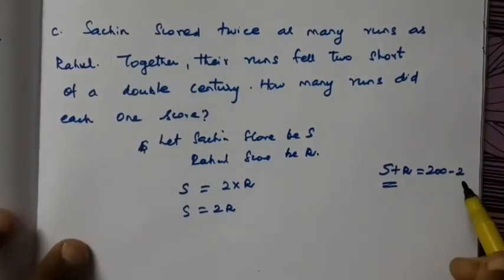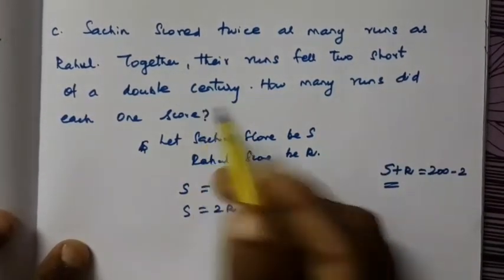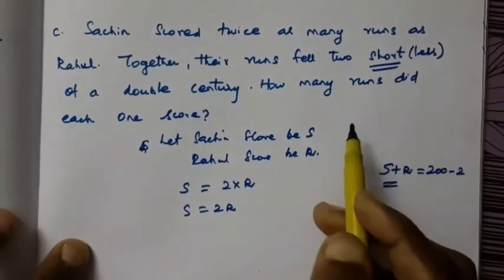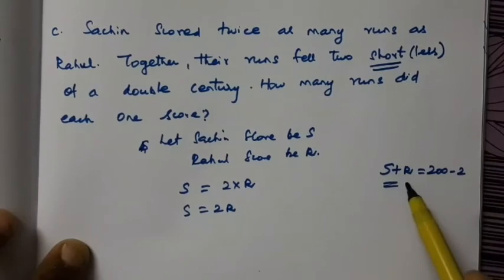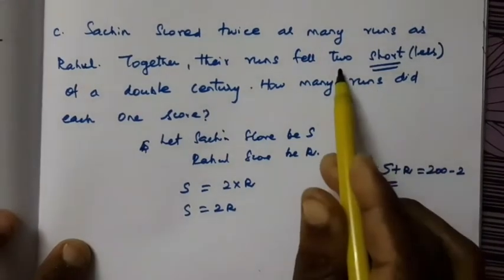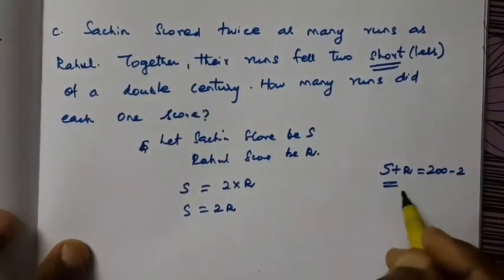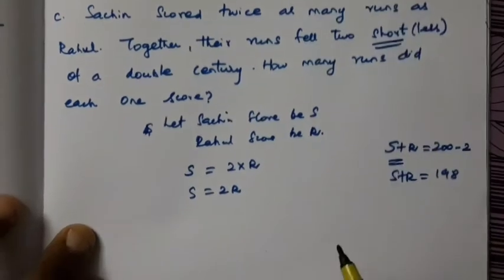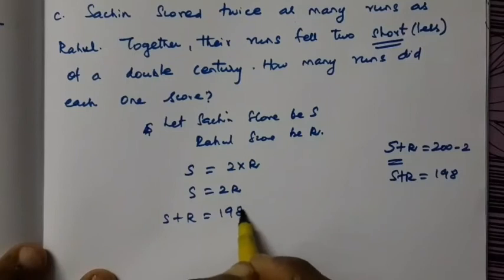It is just 2 less than 200. So S plus R is equal to 198. So I can write S plus R equal to 198.